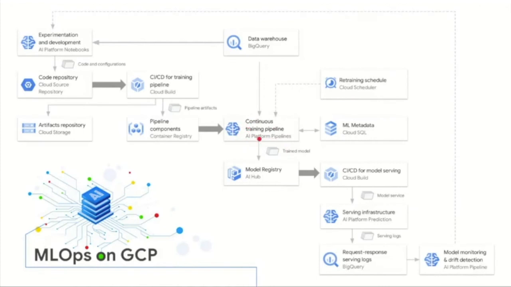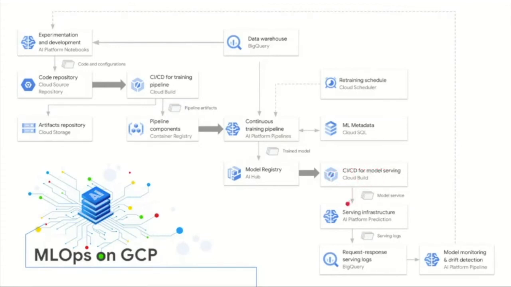The pipeline produces assets. So when it runs, it produces assets that, of course, you can host on the model registry. That might be your model. And what you do is, you take that model and you serve it, using another cloud build.